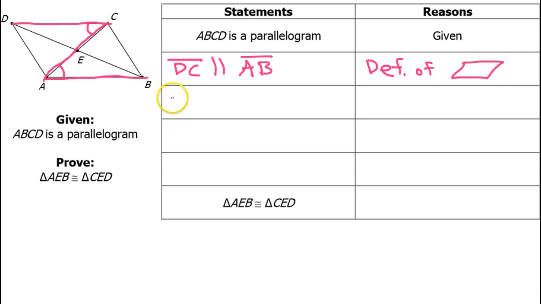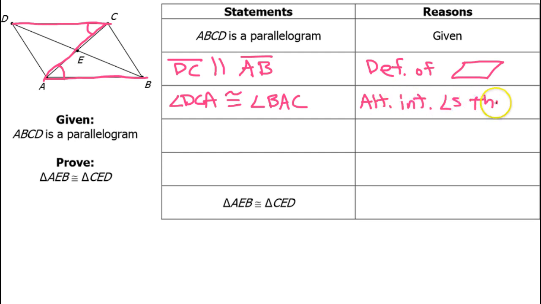So that means that I'm looking at angle DCA. So I could say angle DCA is congruent to angle BAC. All right, and these are alternate interior angles. So the reason will be the alternate interior angles theorem.